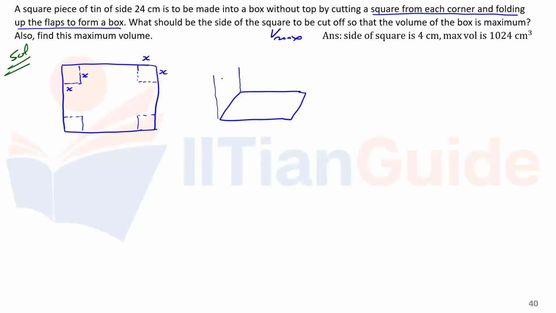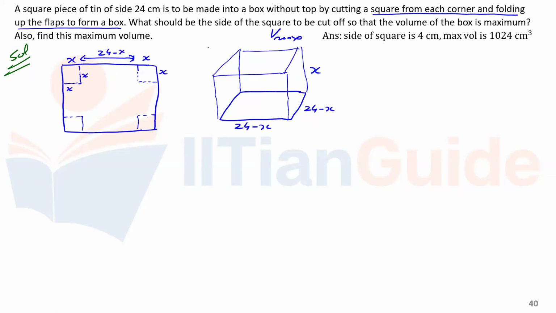The height of the box will be x. Am I right? And this side is x, this is 24 minus x. Total length he has given 24 minus x. I will get a box. One side will be 24 minus x, another side will be 24 minus x, but the height will be x. Am I right or not? क्लियर है? Yes, sir.